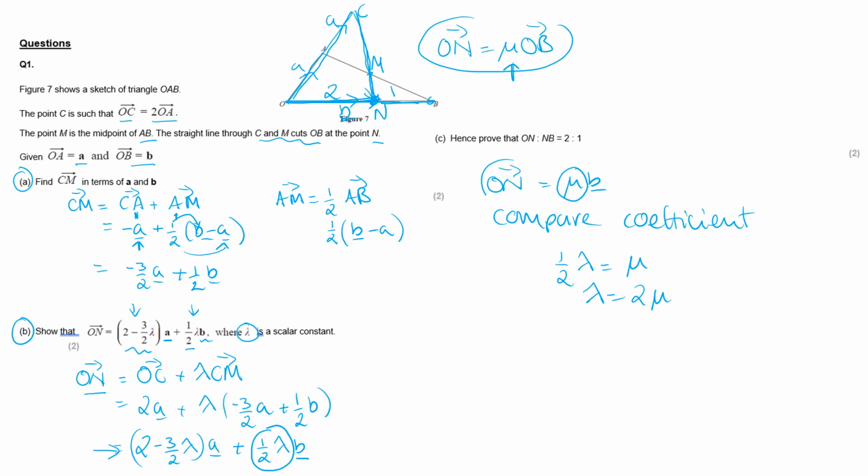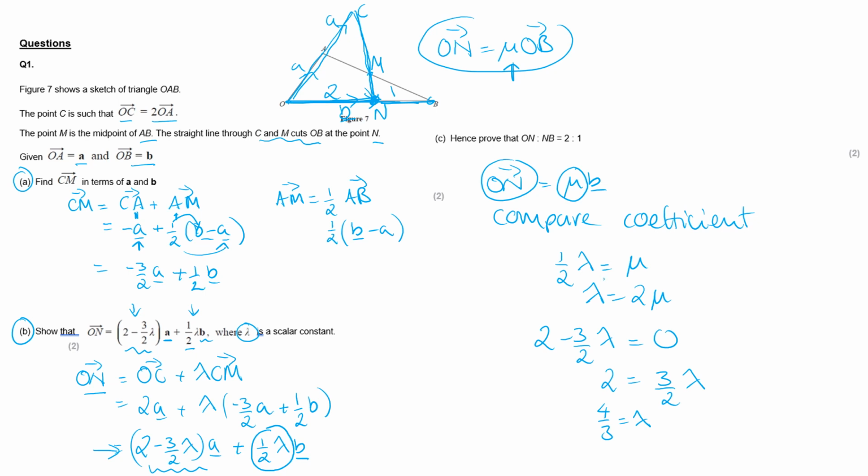So the actual calculation that we did previously is telling us that the 2 minus 3 over 2 lambda must equal 0 because we haven't actually got any a to go straight to O to N. So that's telling us that 2 is equal to 3 over 2 lambda. So 4 over 3 is equal to lambda.